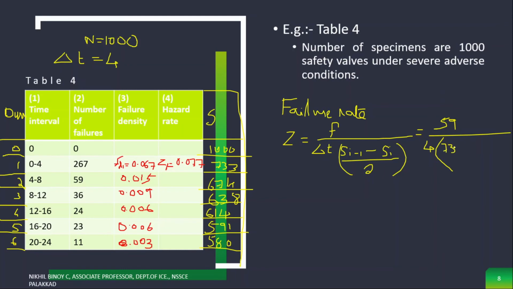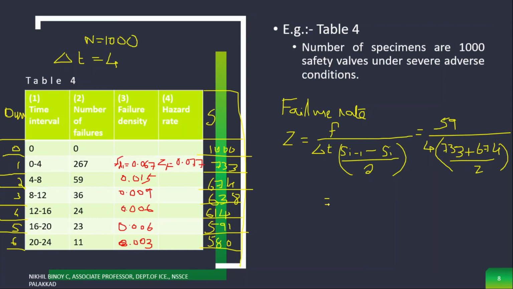Plus, how many components are survived after the second duration? After the second duration, 674 components are survived. So 674 divided by 2. So that is equal to 59 divided by 4 into 733 plus 674 divided by 2.